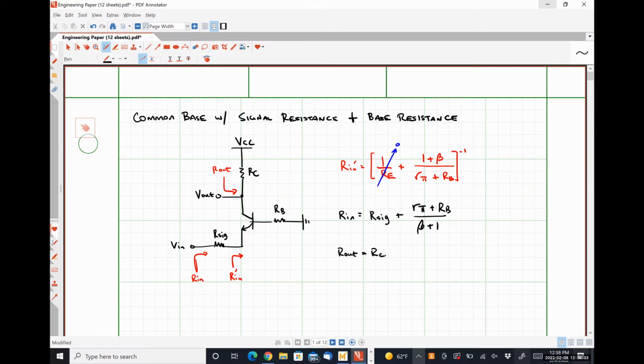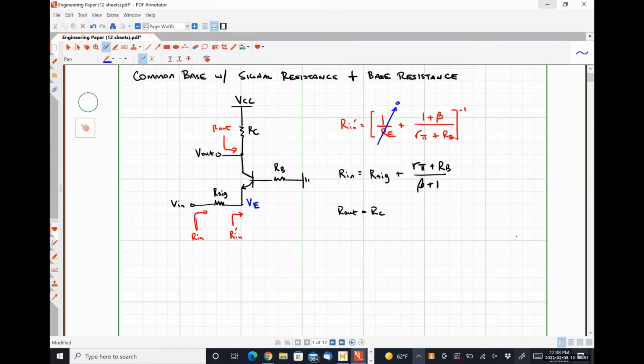So to simplify the determination of the voltage gain, let's call this nodal voltage here VE, or the emitter voltage. And so what we're going to try to figure out is some relationship for VE over Vin, multiply that by some relationship for Vout over VE, and this will be our voltage gain, Vout over Vin.